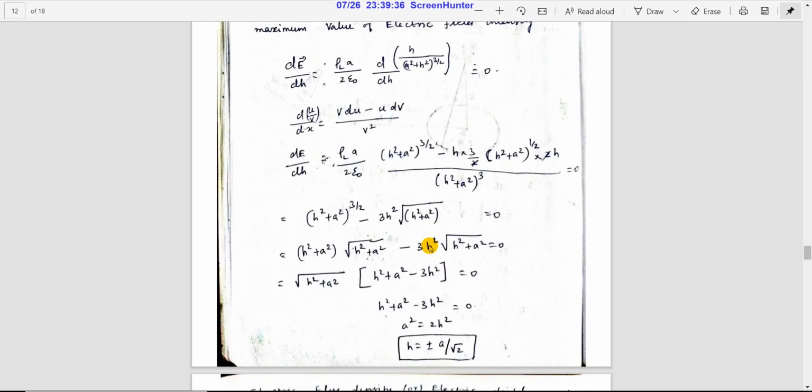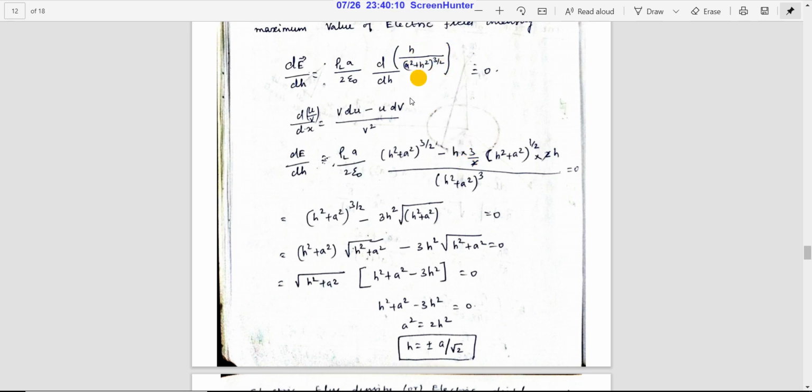So if you apply that method, v is A square plus H square power 3 by 2 and u is H. First we substitute v into d by dH of H, which is 1, minus u, which is H, into dv.